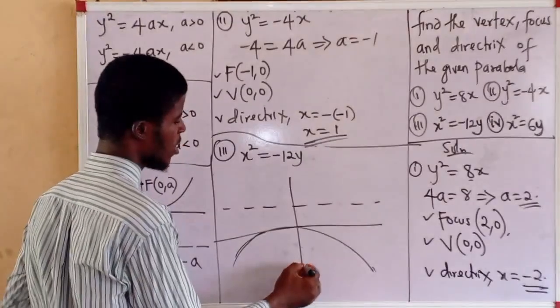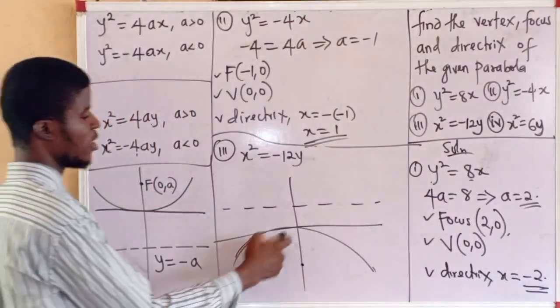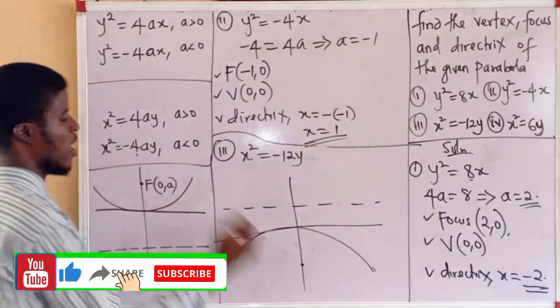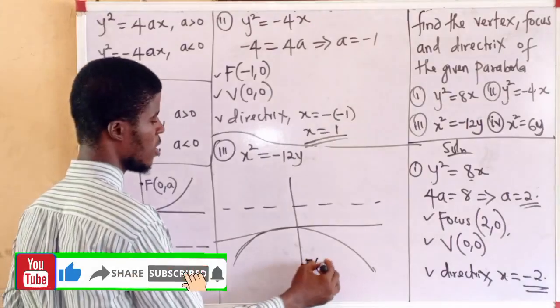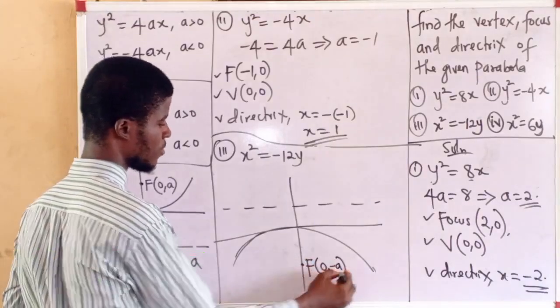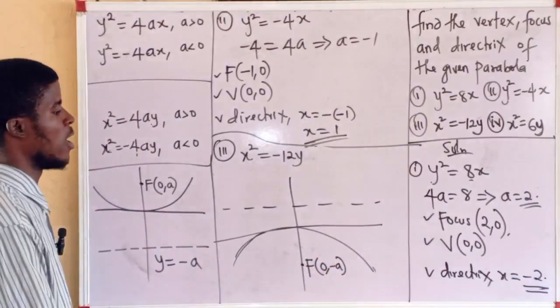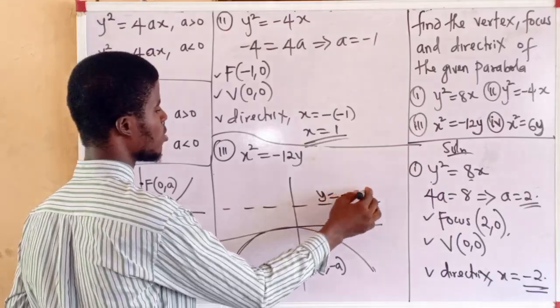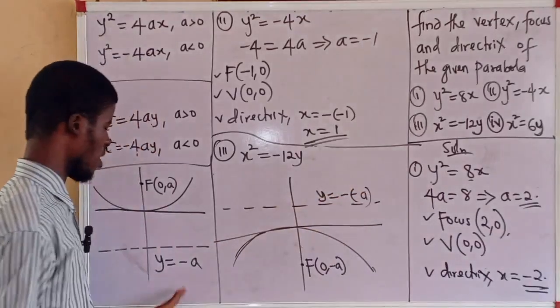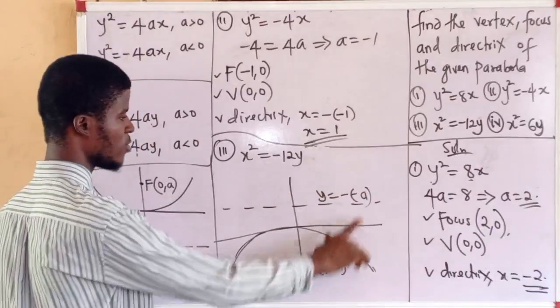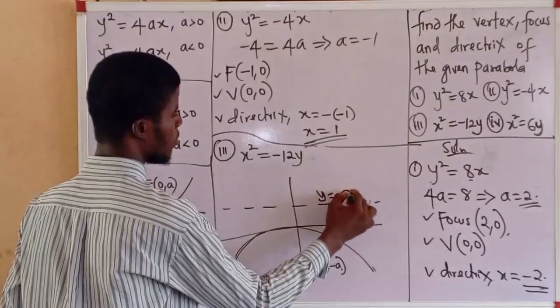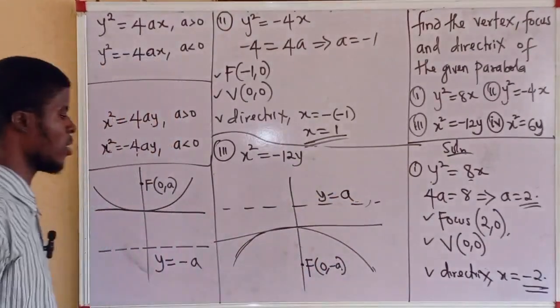But since it is opening downwards, a becomes negative because this is the negative y-axis and this is the positive y-axis. So we're having the focus at 0, comma minus a. And the directrix will now be y equal to minus a, because there was a minus here, and the a here is also negative, so it should now give us plus a. I hope you get it.